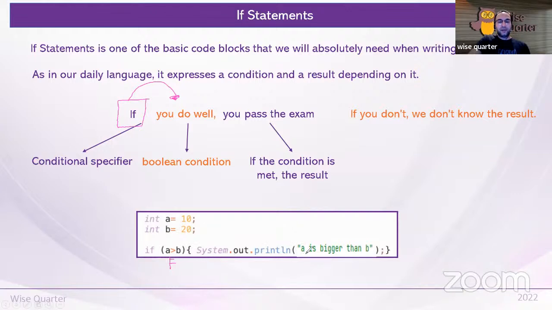It will print A is bigger than B, but if it is false, nothing will happen. If it is false, we don't know how to write it yet, but we start with simple things. Of course, there's a way to say that, but for now, if the statement is true, do something.